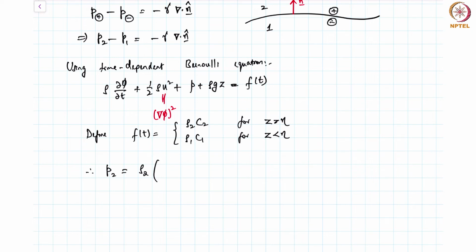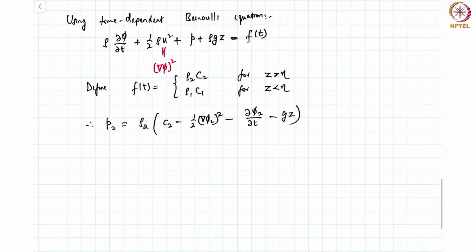is so that I can bring the density out when I write down the expression for the pressure. So that is C2 minus half gradient of this quantity grad phi whole square, that's the time dependent part, minus gz.